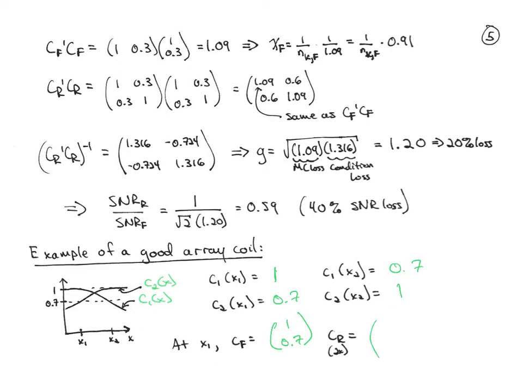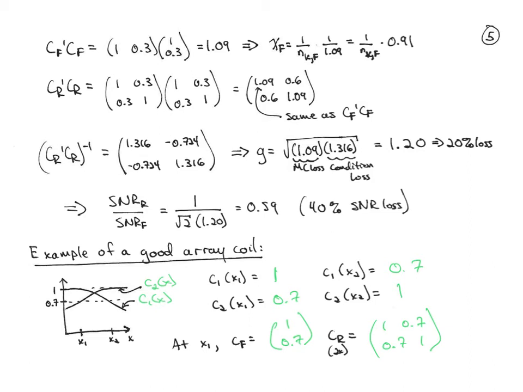And if we accelerate this by a factor of 2, we get 1, 0.7, 0.7, 1 for our CR matrix. That's the values of the sensitivities at x2 concatenated to the values of the sensitivities at x1, where these are the two voxels that are going to alias on top of each other if we accelerate by a factor of 2.